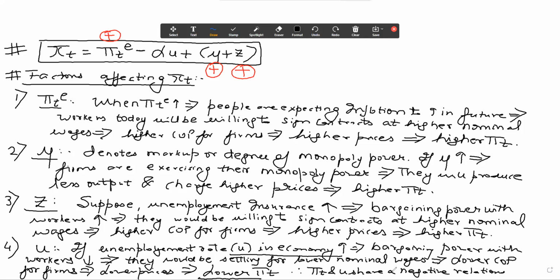And since pi t and u share a negative relationship, therefore we can say that the Phillips curve is downward sloping.